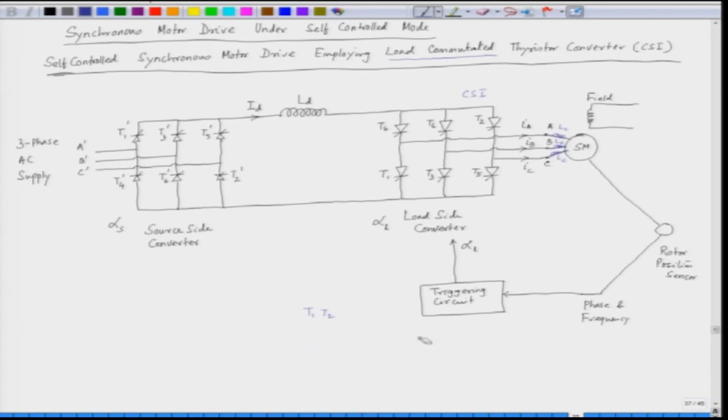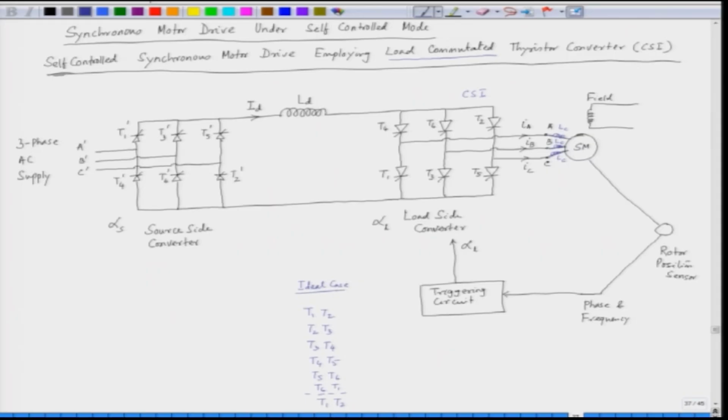This is how it is triggered: T1 T2, T2 T3, T3 T4, T4 T5, T5 T6, T6 T1, and then it repeats. So, at any given instant, 2 SCRs of the load side converter will be on. This is the ideal case.